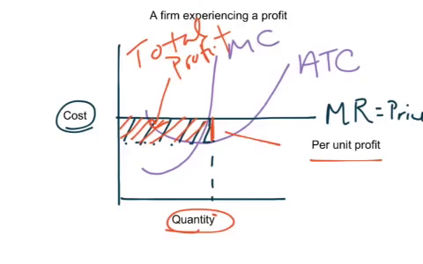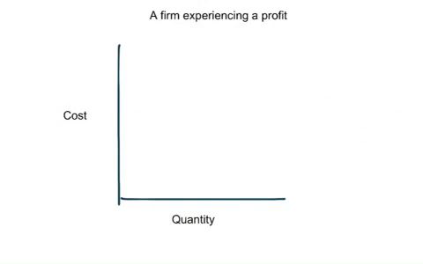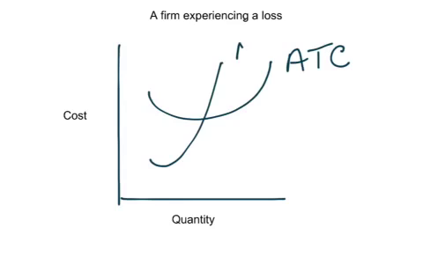Okay, so then we're going to do the opposite. What's happening if a firm is experiencing a loss? So we have the same thing, right? ATC, marginal cost curve, and we're now going to draw in a marginal revenue curve.